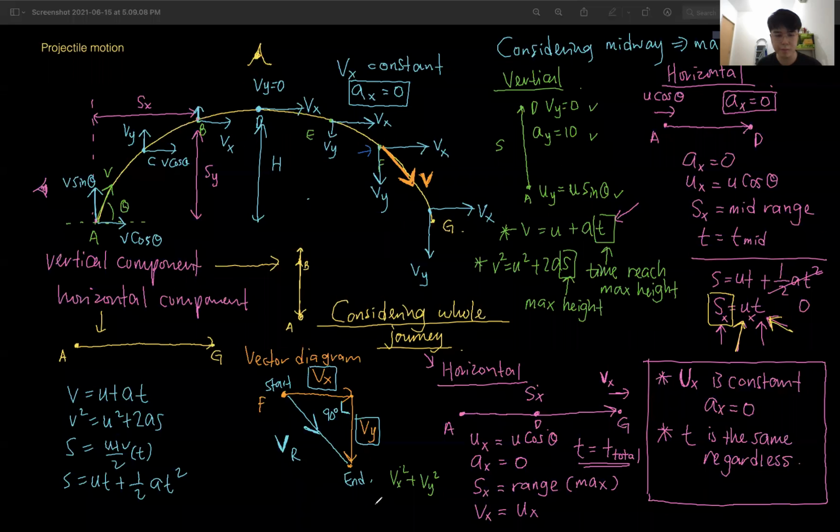Then you get this. So you can find the resultant velocity at any point, A, B, C, D, E, any point, as long as you know the horizontal and the vertical component.